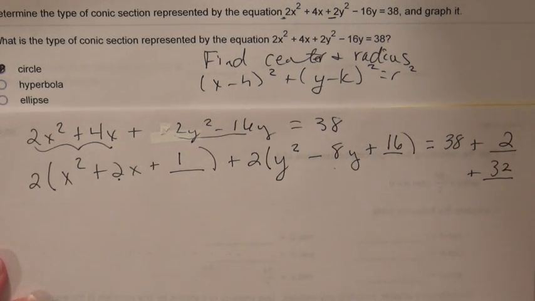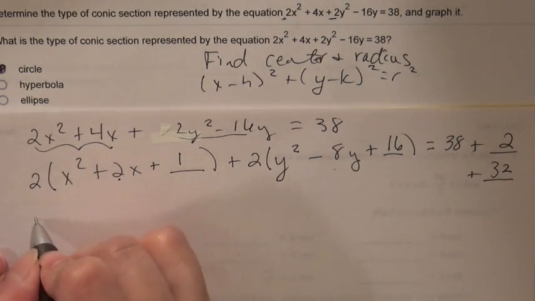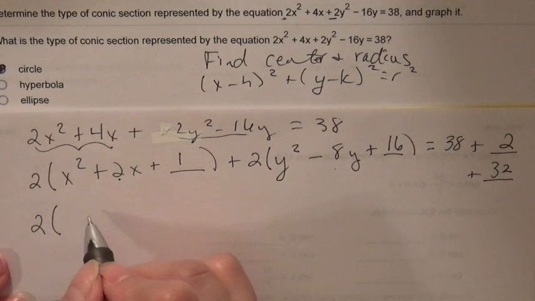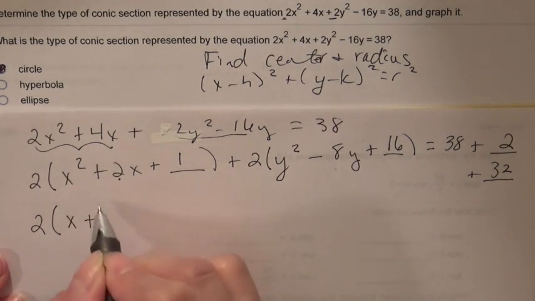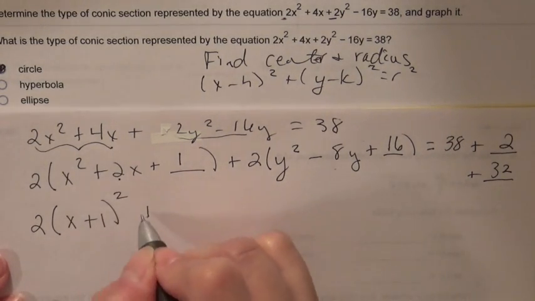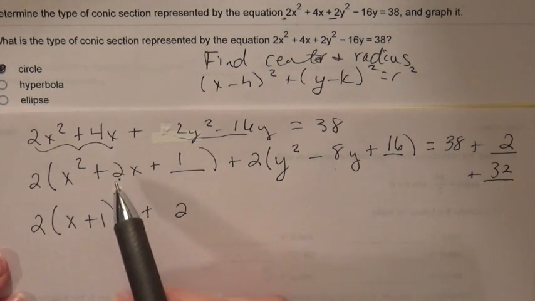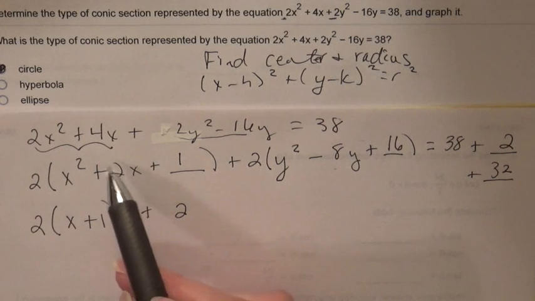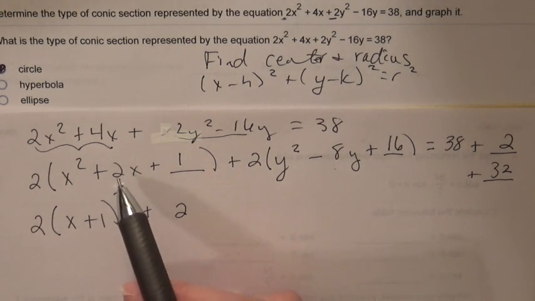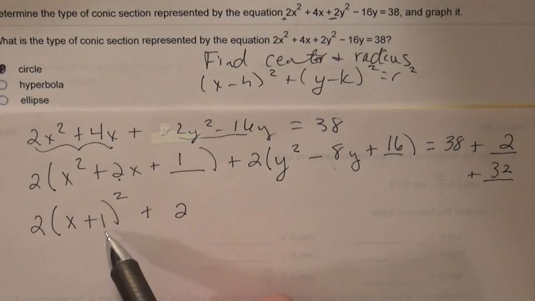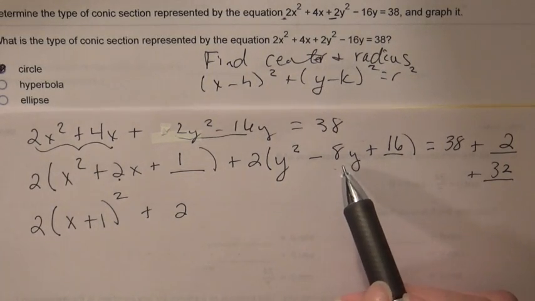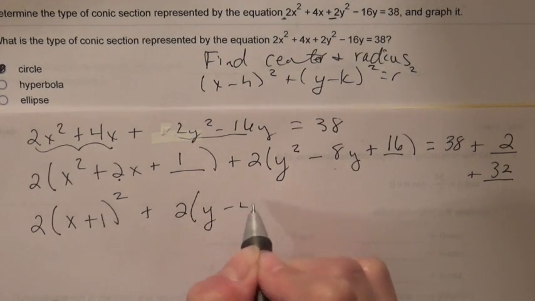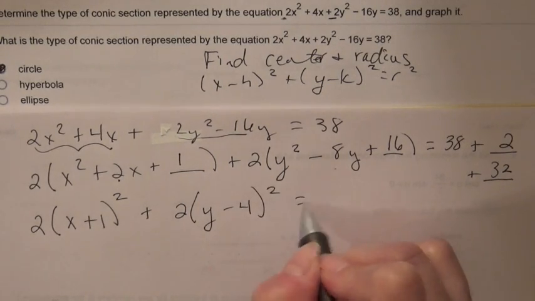So that goes here. Now I can write this as 2 times x plus 1 quantity squared, plus 2, and the 1 always matches what you got when you first took half of that middle term. Half of 2 gave me 1, so the 1 goes here. Over here, half of negative 8 gave me negative 4, so I'm going to have parentheses y minus 4 quantity squared.